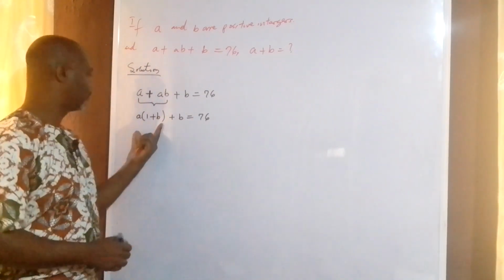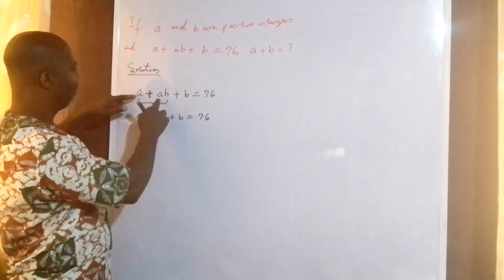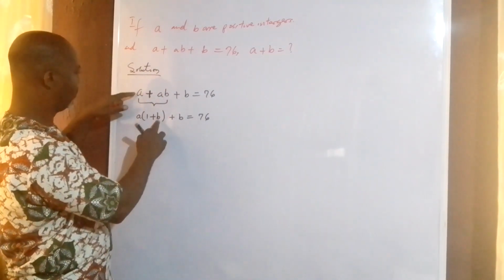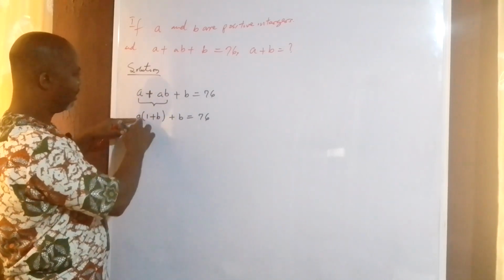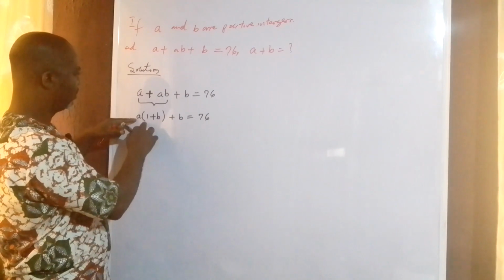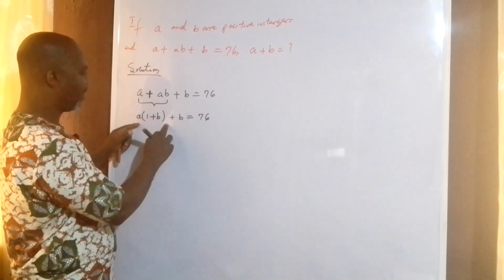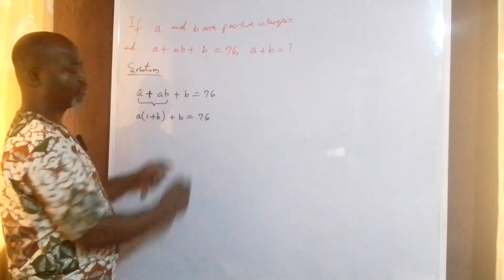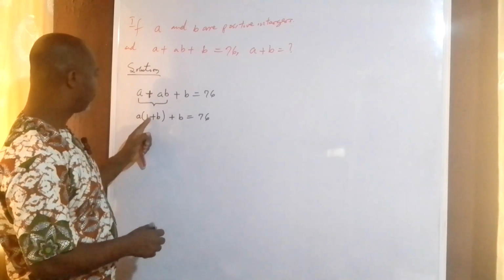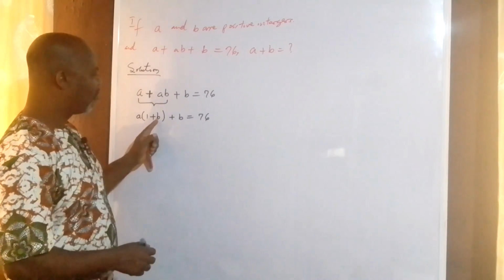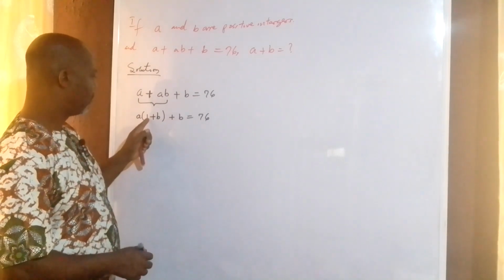Now, looking at this, we have 1 plus b here. I factored out a because I have to take this a and a plus b, so that means a plus ab, and then I have plus b equal to 76. Since we are having 1 plus b here, can we also write this b in form of 1 plus b?